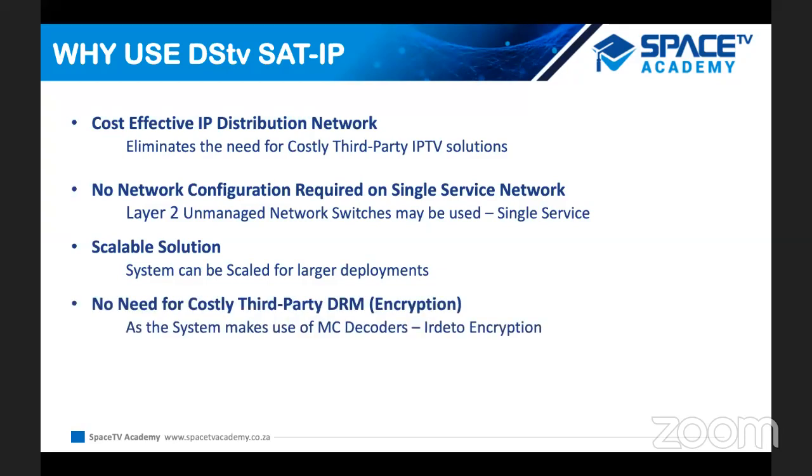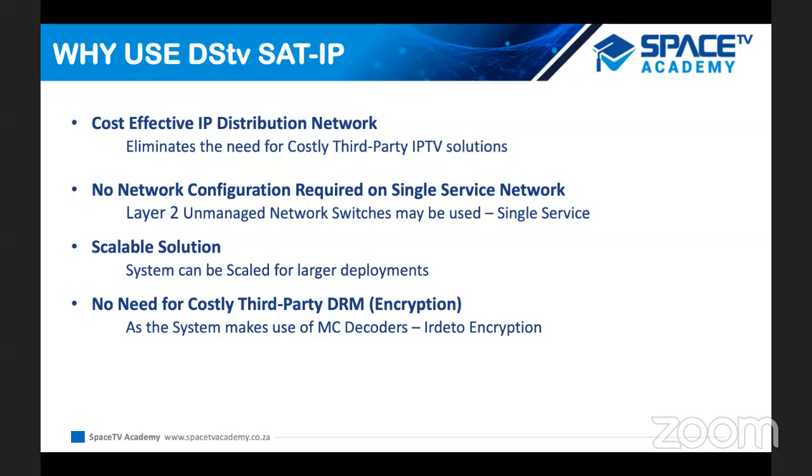No need for costly third-party DRM encryption. So to comply with regulation from MultiChoice and also the content owners, all digital distribution has to be encrypted to the end. So in most cases, when we do HD distribution, may it be on coaxial or IP platforms, we need to re-encrypt the signals before distributing it through the network.